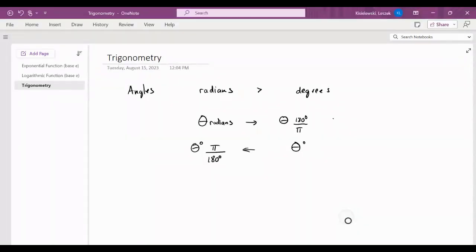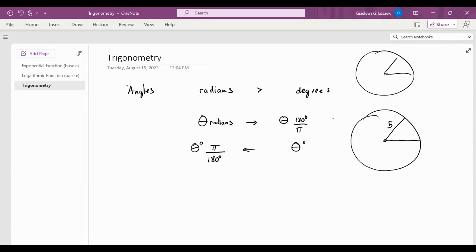Yeah. And the reason physics and so on use radians is because it relates angle measures to lengths. So if you have a circle of some radius, let's say radius r, let's use 5, and you have some angle, let's say 30 degrees or something.